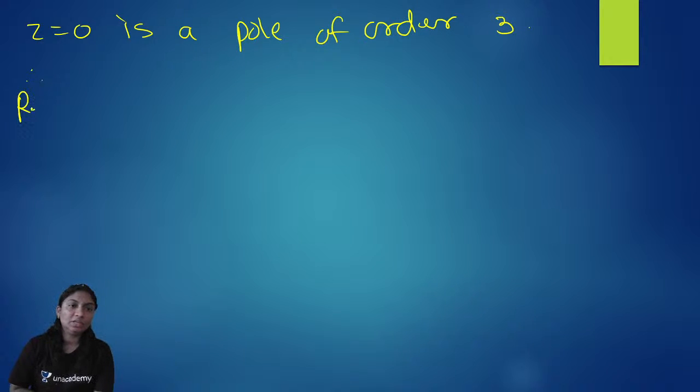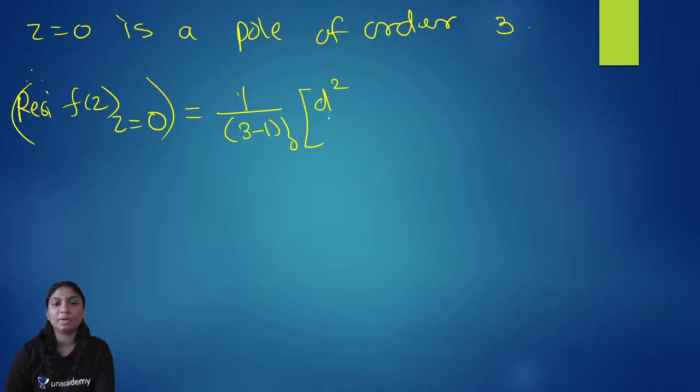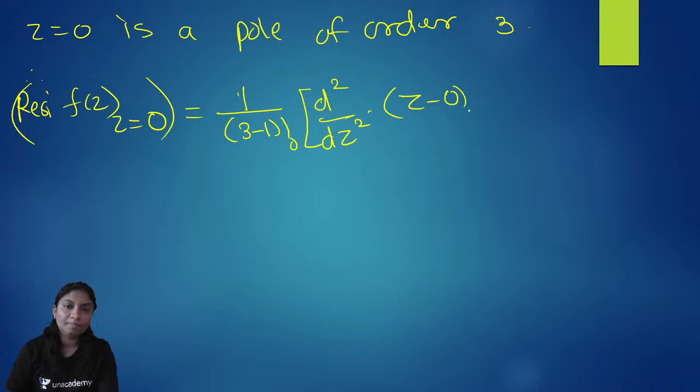Therefore, the residue of f of z at z is equal to 0 is the limit as z tends to 0 of 1 upon n minus 1 factorial, that is 3 minus 1 factorial, into d raised to n minus 1, that is d square upon dz square, of z minus a raised to n into f of z.